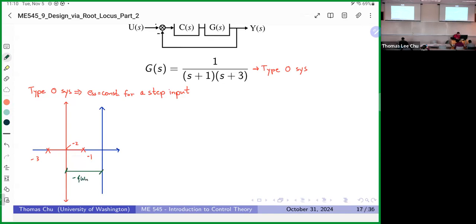One thing about zeta is that the constant lines are these little lines going from the origin. So 0.5 is going to be somewhere there. I don't know if it's actually there, but basically we're finding this intersection point.